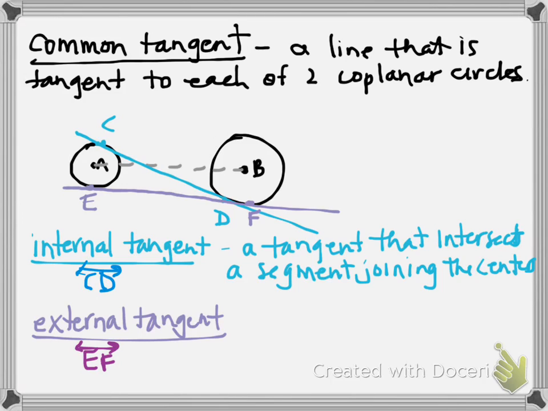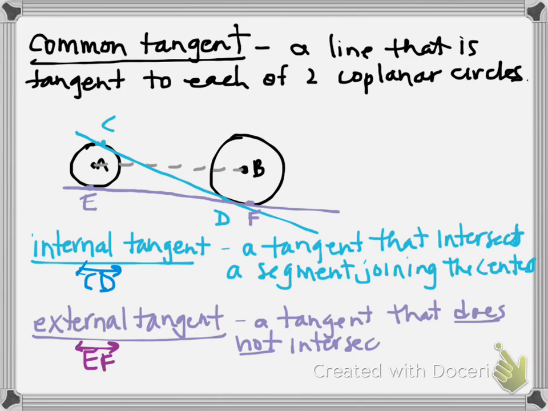And how we would describe that is it's a tangent. This is going to be really a stretch here, okay? Are you guys ready for this? This is going to be tough. A tangent that does not intersect the segment joining these centers.